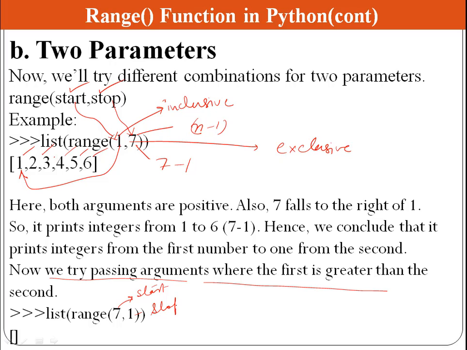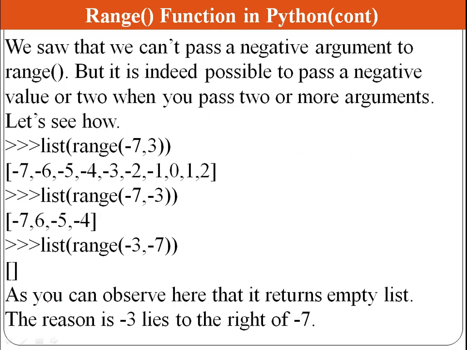Then, we can't pass a negative argument to range when passing a single argument, but it is indeed possible to pass a negative value or two when you pass two or more arguments. So here you can see, if you talk about 0, 1, 2, 3, 4, and so on, here minus 1, minus 2, minus 3, minus 4, and so on, right?